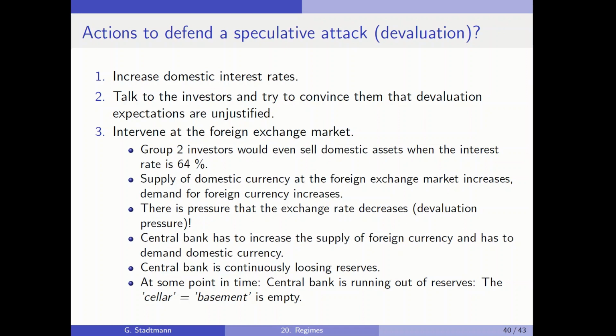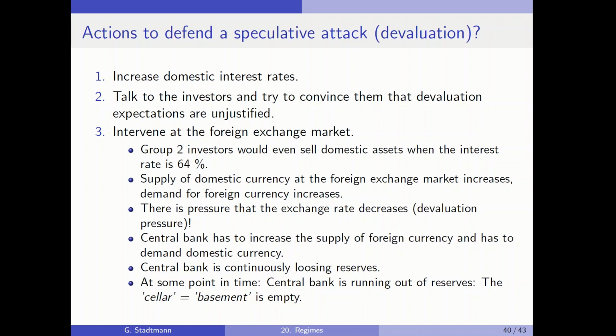So this line of argumentation is very crucial. So let's go back once more. In case that the investors are leaving the domestic economy, then the domestic currency will be weak. There is some devaluation pressure, but the central bank has promised to keep the fixed exchange rate in place.